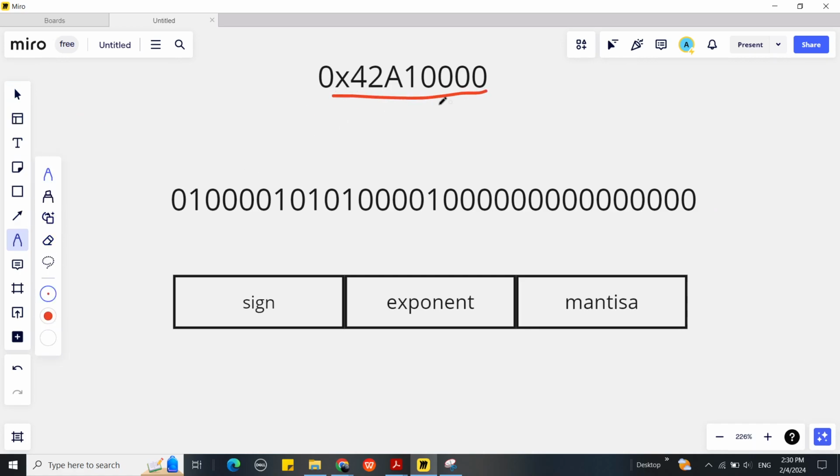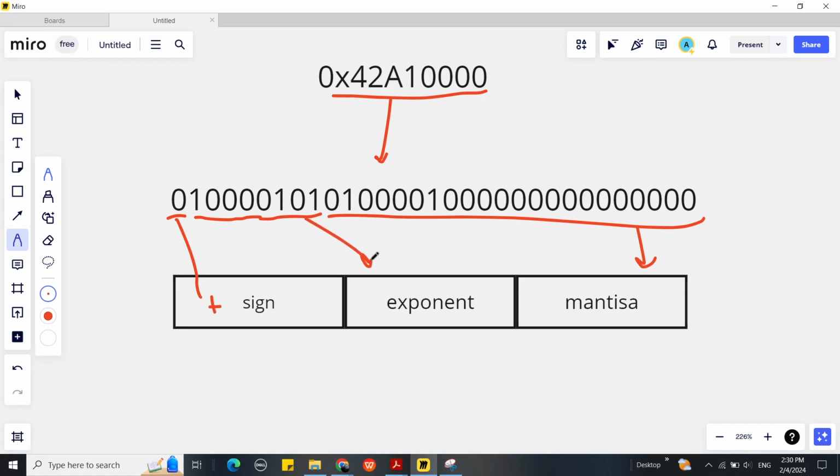So basically, my machine code is made of these 32 binary bits. The sign is 0, which means the number is positive, and I got these exponent bits, which are made of 8 bits: 1, 2, 3, 4, 1, 2, 3, 4. And then the mantissa, which is these 23 bits.